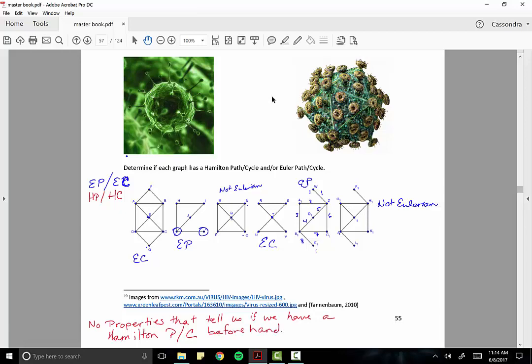We have no properties that tell us if we have a Hamilton path or cycle beforehand. The only way to know for sure if a graph is Hamiltonian is to find a Hamilton cycle. But that doesn't mean we can't prove that they don't, okay?